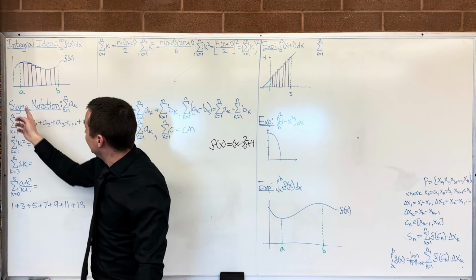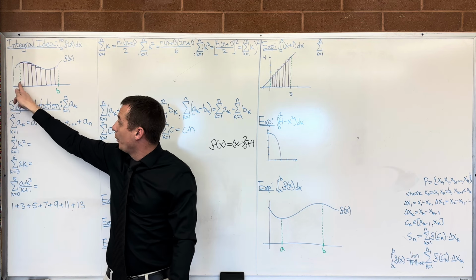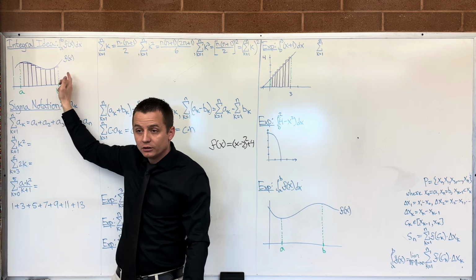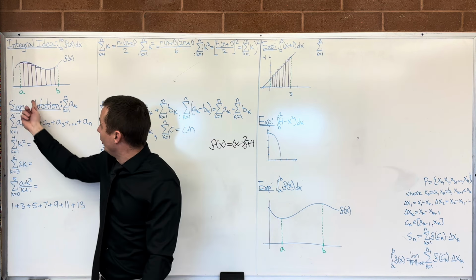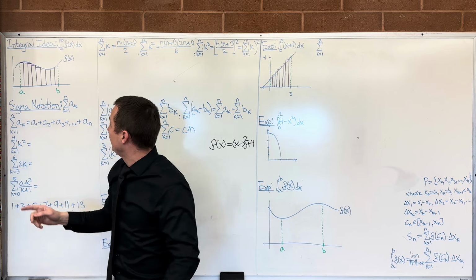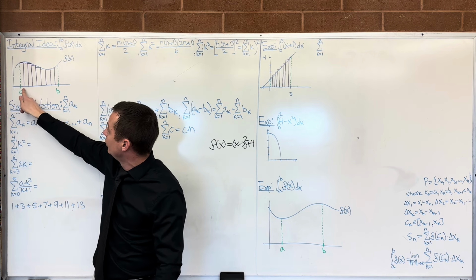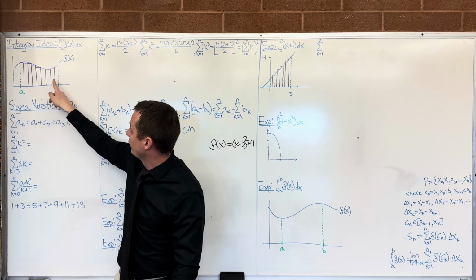And so the idea is take that area, whatever it is, approximate it with a bunch of rectangles, and then calculate the area of the rectangles. Now, it's completely arbitrary, but for all the calculations I do today, I'm going to calculate the height of the rectangle using the right-hand point. Although this one didn't really show that.